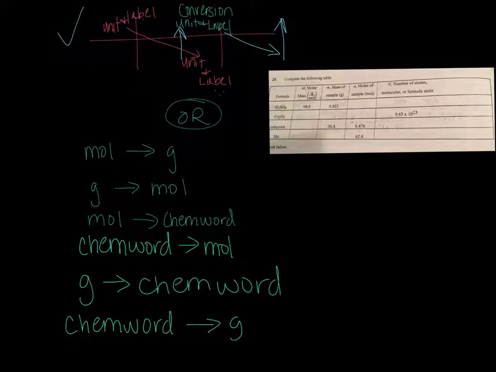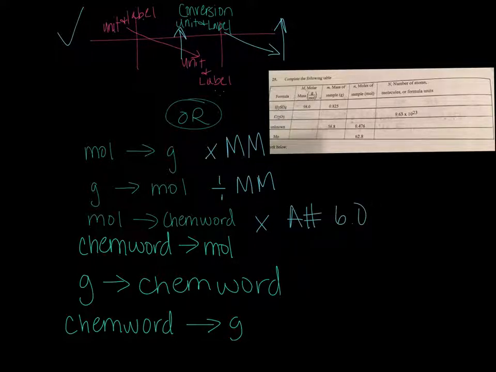Otherwise, the shortcut ways are also, if you're going from a mole to a gram, you're going to multiply by its molar mass, okay? If you are going from gram to a mole, you're going to divide by its molar mass. If you're going from a mole over to a chem word, you're going to multiply by Avogadro's number, 6.02 times 10 to the 23rd.